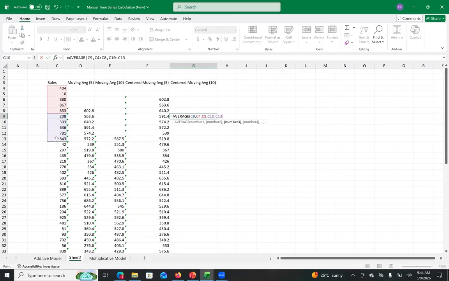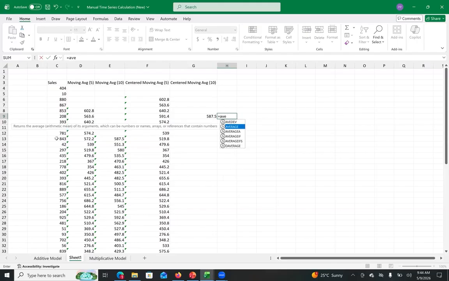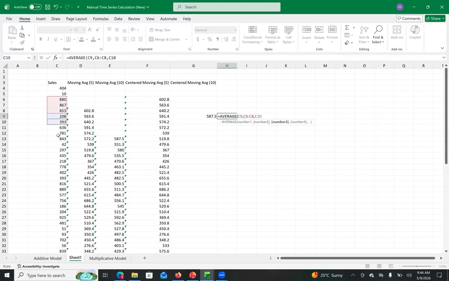So either this we can do, or I can take the current value, then I can take four values from the past, and I can take five values from the future. This we can do to get the 10 values. Both the ways are fine depending upon what you are trying to do.